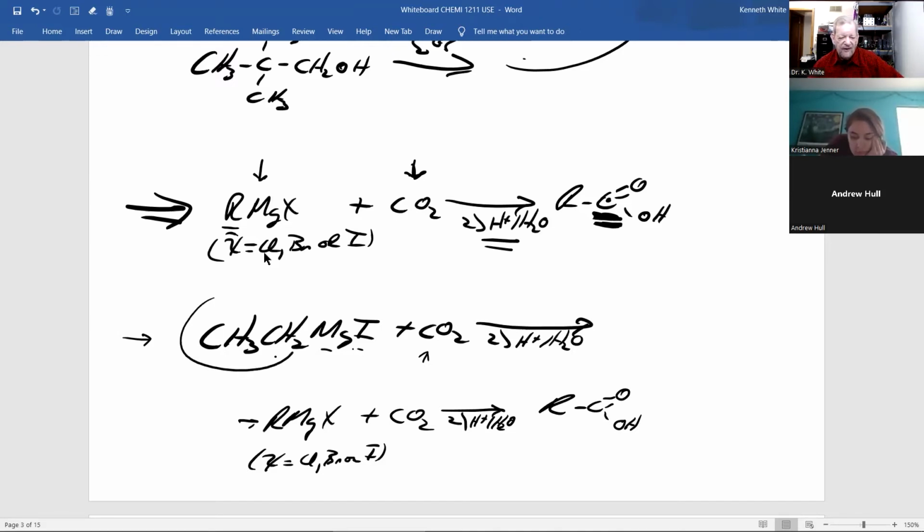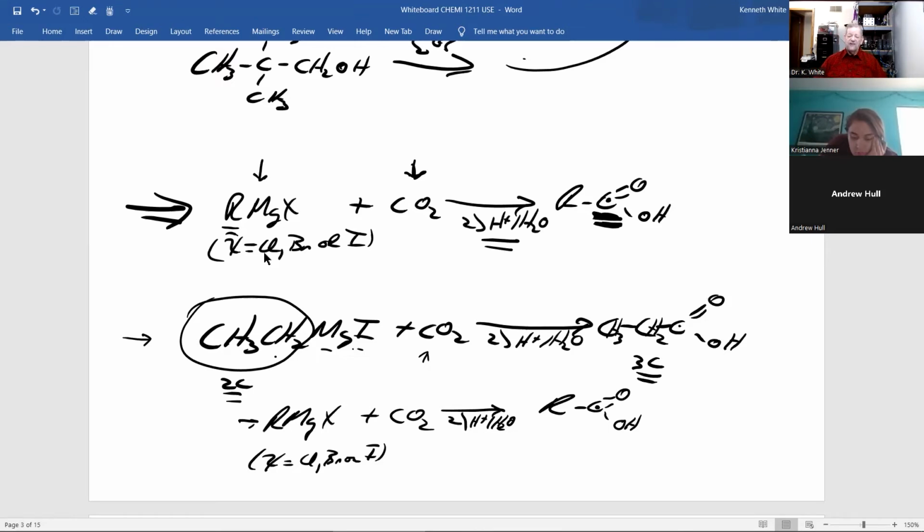So here's my R group, 2 carbons, I'll write it. Then I'll do this carbon here, there from the CO2. And there's my product. Notice we started with 2 carbons here. We end up with 3 total here.